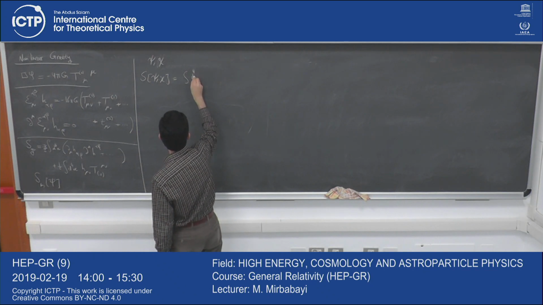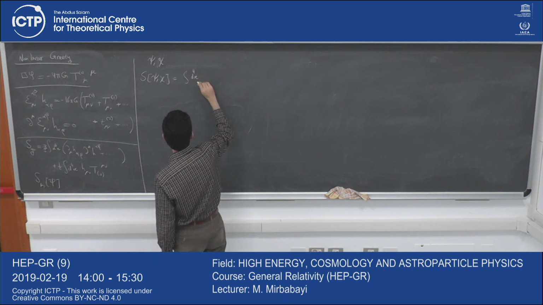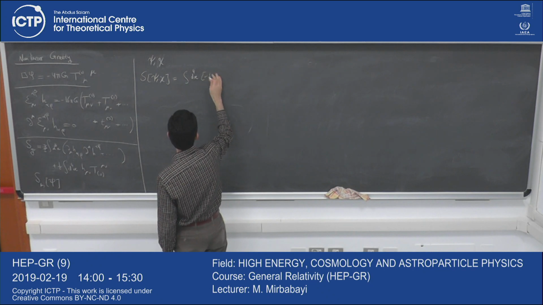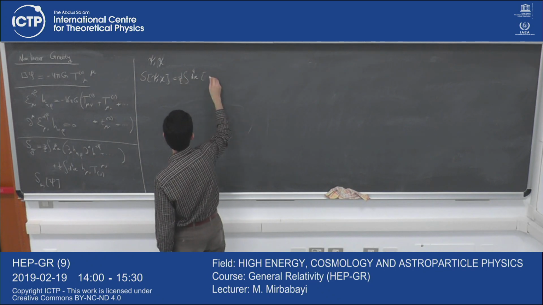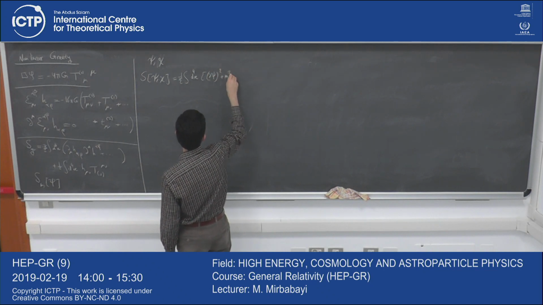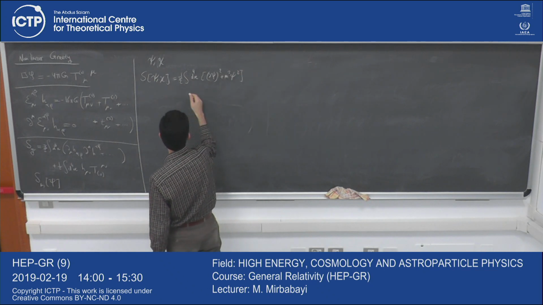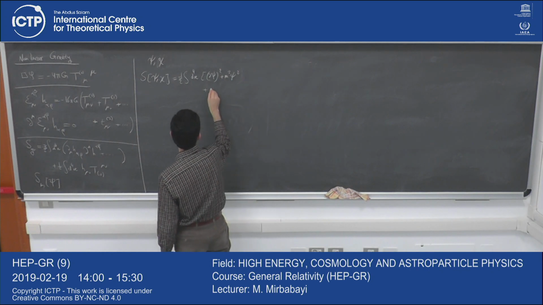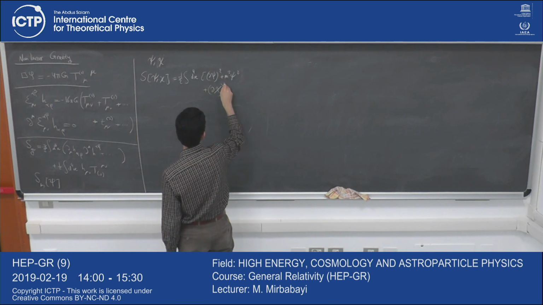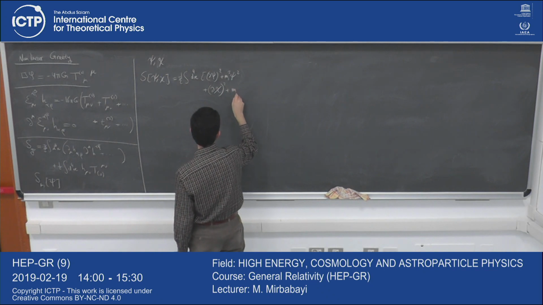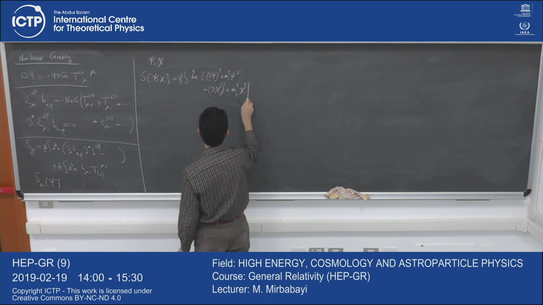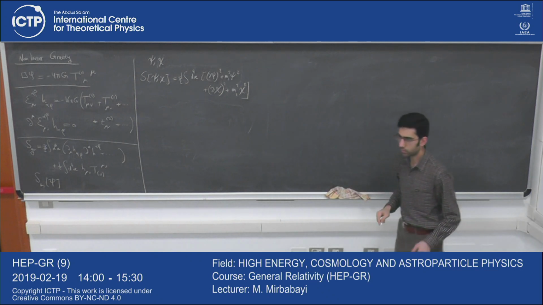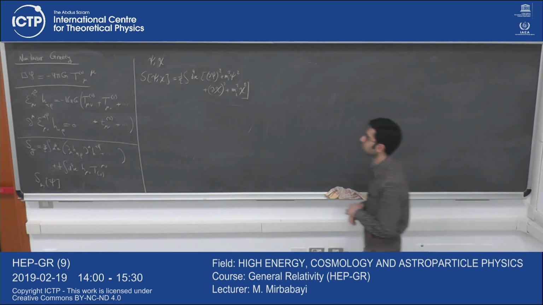So we have ∫d⁴x and then minus 1/2 [(∂ψ)² + m₁²ψ²] plus (∂χ)² plus m₂²χ².